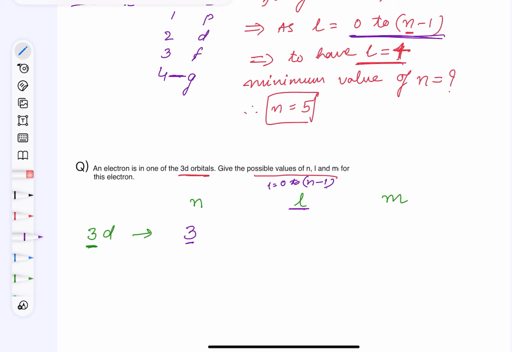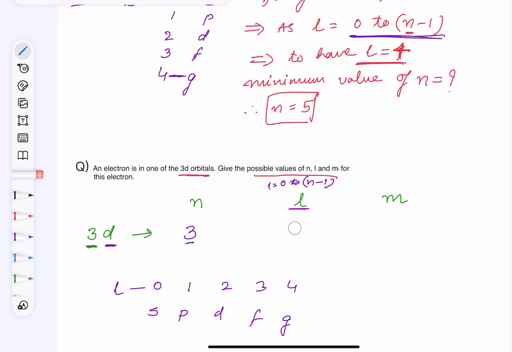But the orbital given to us is 3d. I just told you that if L is 0, 1, 2, 3, 4, then the orbitals which correspond to them are s, p, d, f, g. So here it is d. So the value of L has to be 2 among 0, 1 and 2.